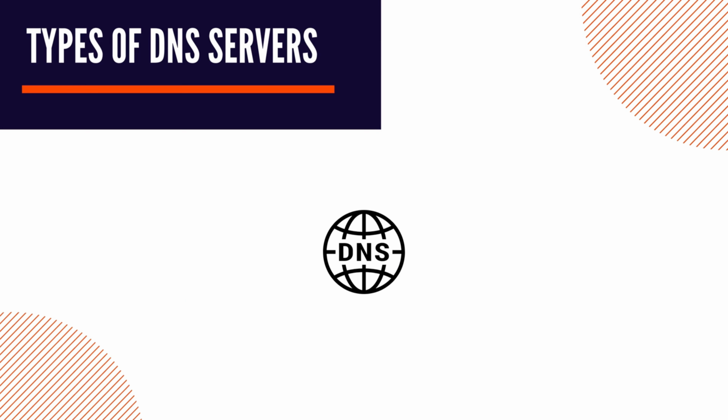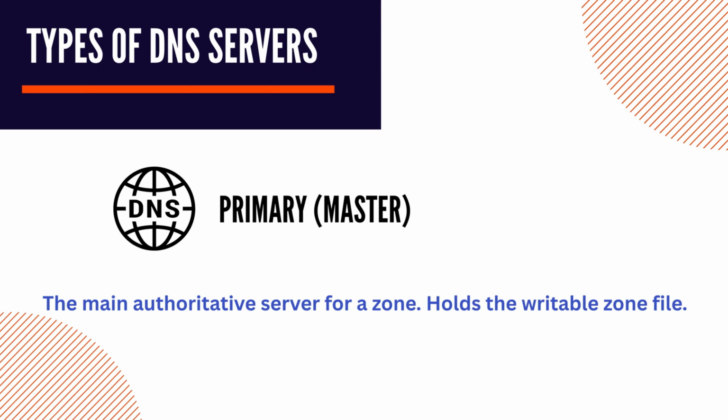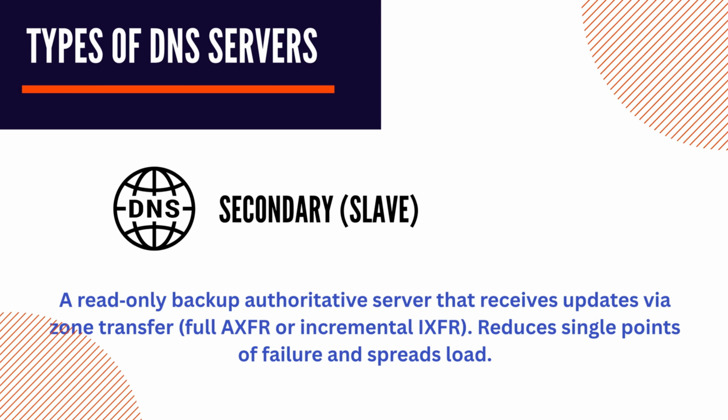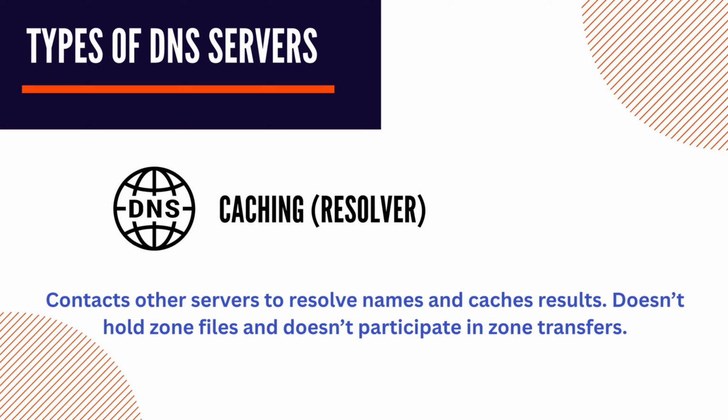Types of DNS servers and why they matter. Primary, or master: the main authoritative server for a zone, holds the writable zone file. Secondary: a read-only backup authoritative server that receives updates via zone transfer, reduces single points of failure and spreads load. Caching resolver: contacts other servers to resolve names and caches results.